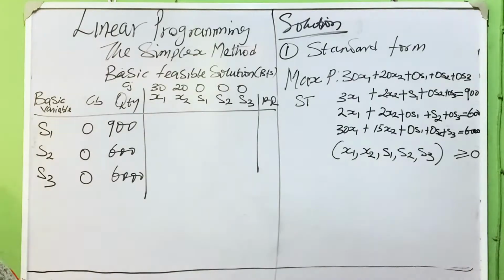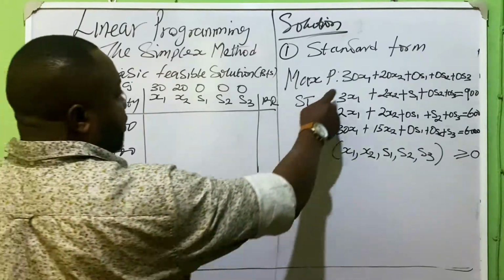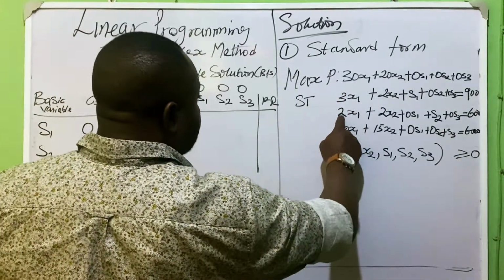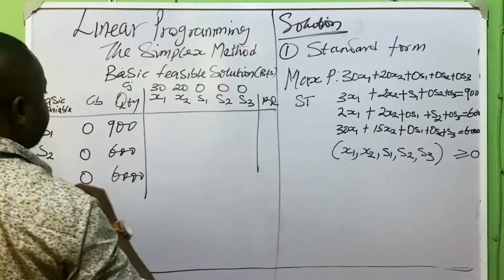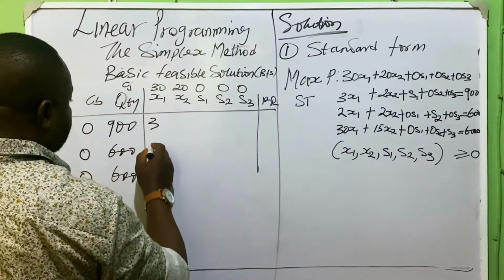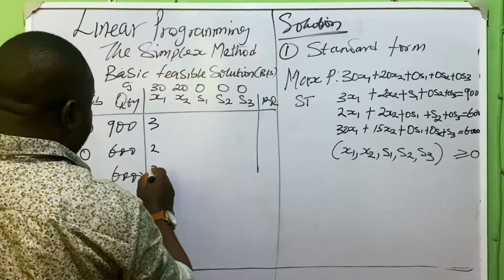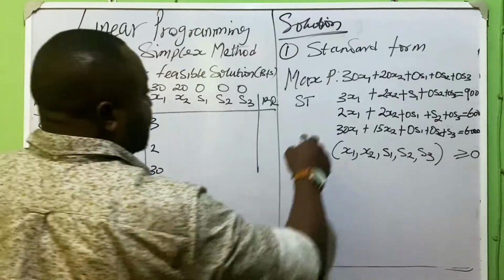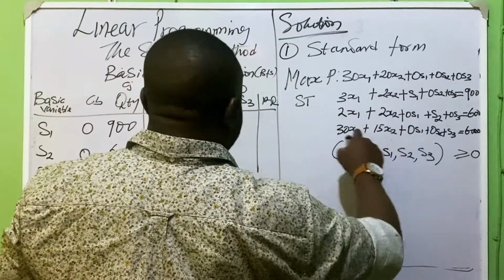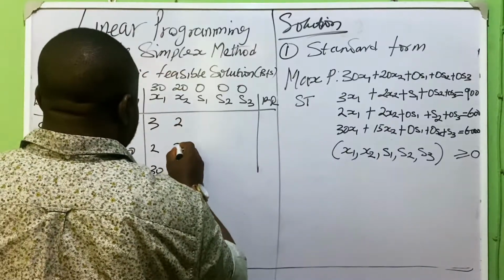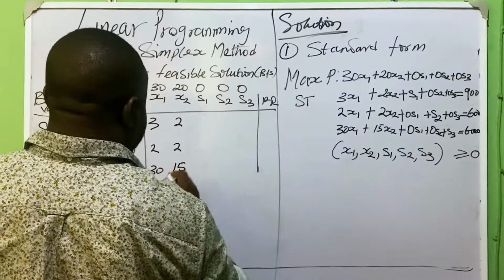Now, the input-output ratio will come in. For x1, we have 3, 2, and 30. For x2, we have 2, 2, 15.